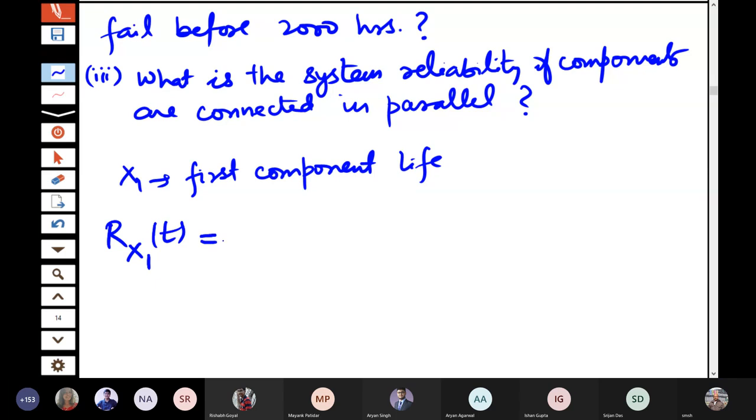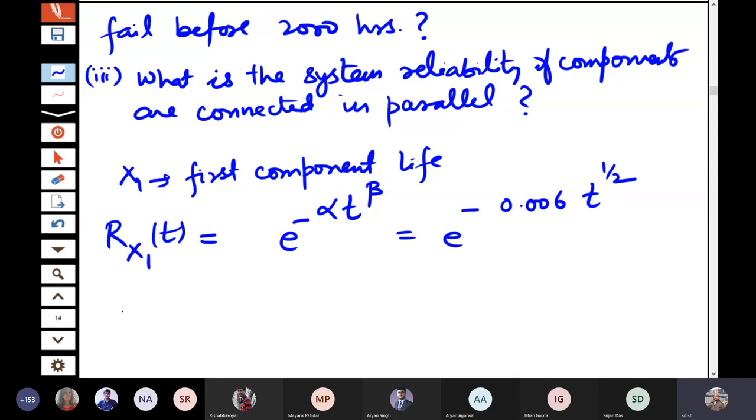That is e to the power minus alpha t to the power beta, that is e to the power minus 0.006 t to the power half. And the second component has an exponential distribution, with mean 25,000. So lambda is 1 by 25,000.